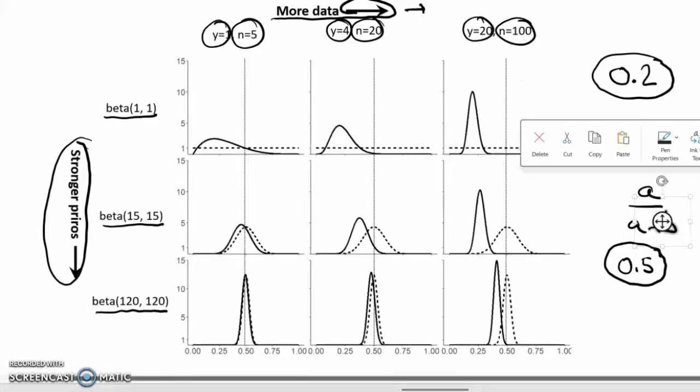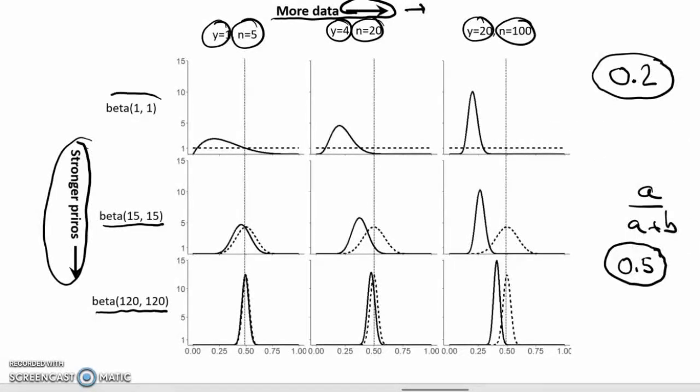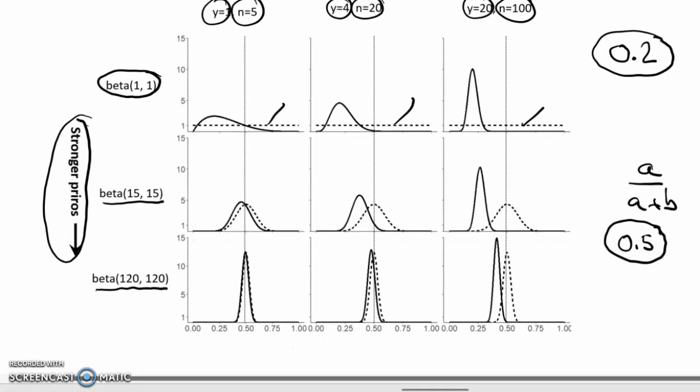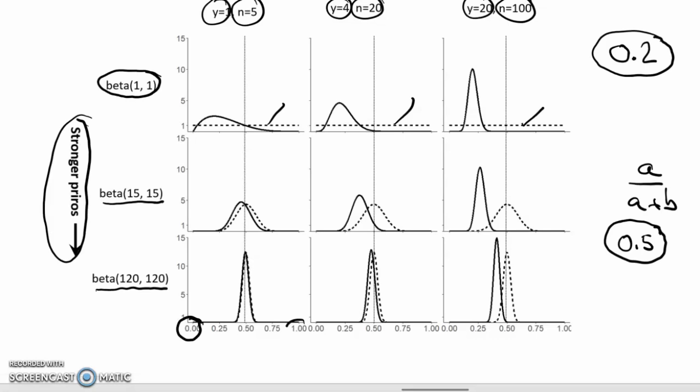So if we begin with this first row, a beta 1-1, we have a flat prior. And so the priors are shown by these dashed lines. And we see we've got flat priors that say that in terms of our prior belief, there's an equal probability that the value of theta is anywhere between 0 and 1. Between 0 and 1, we have this constant value for the probability of success.